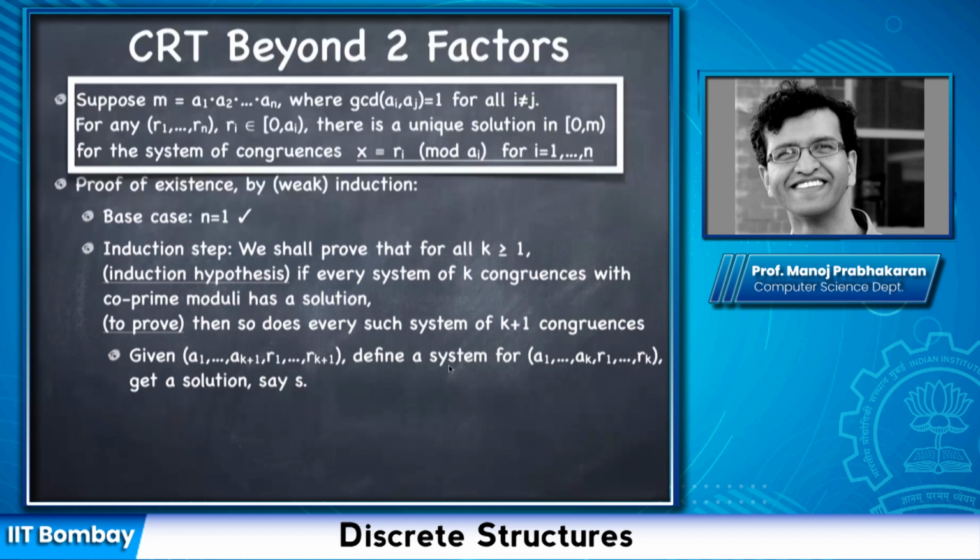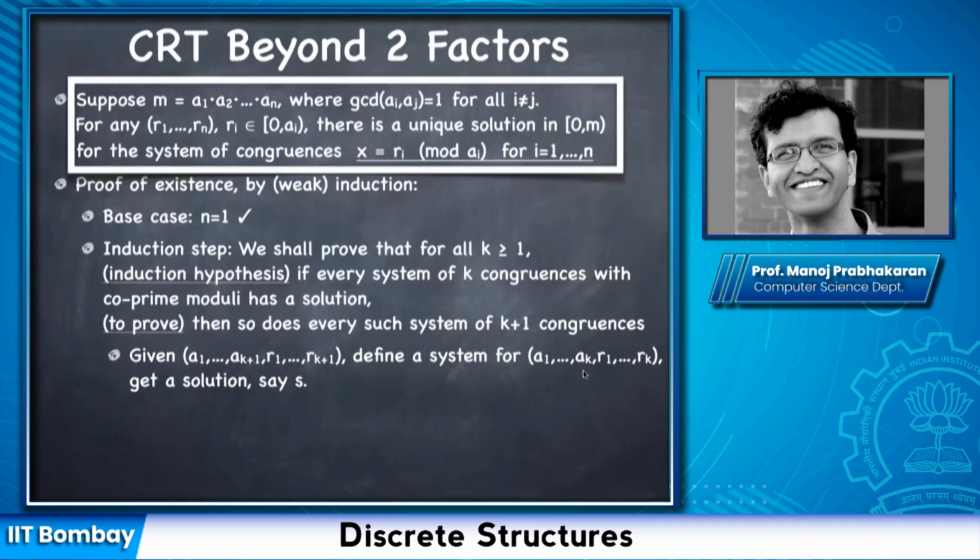For that, first I will define a smaller system with k congruences. And the moduli are the first k of these k plus 1 moduli. And the r1 to rk are exactly the same, the first k of the numbers you give me. Okay. And now this is something to which I can apply the induction hypothesis.